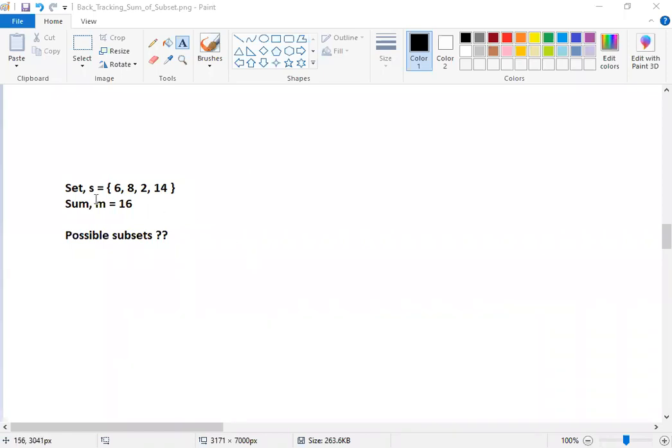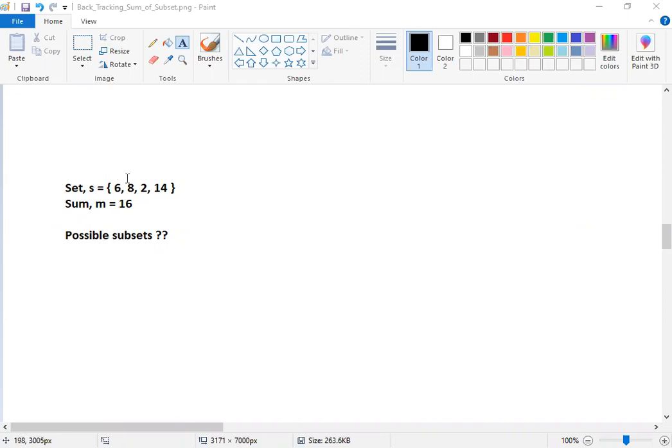In a similar way, you can try to solve one more example based upon the sum of subsets. The given set elements are 6, 8, 2, and 14, and the sum, that is m, is going to be 16. So you need to draw the state space tree starting with node 0.